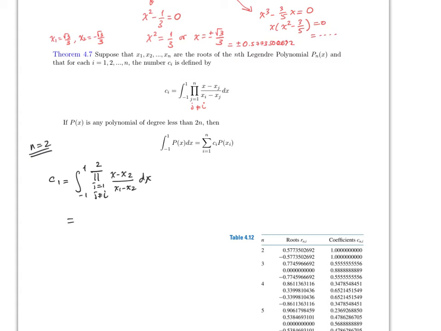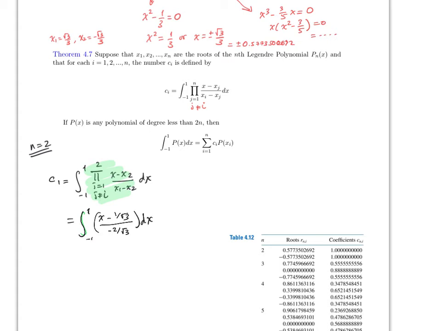Once you simplify this part, you should check this is equal to the integral from minus 1 to 1 of x minus 1 over radical 3, because that's what we found x2 to be, and then on the bottom it will be minus 2 over radical 3.